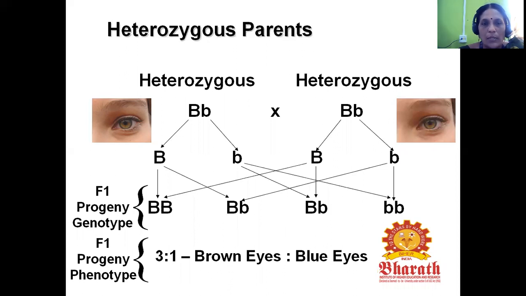If you take the heterozygous parents, heterozygous brown eye, capital B small b, and heterozygous female, capital B small b, the F1 progeny genotypes are capital B capital B, capital B small b, capital B small b, small b small b. So the F1 progeny phenotype ratio is 3 to 1: 3 brown eye and 1 blue eye.